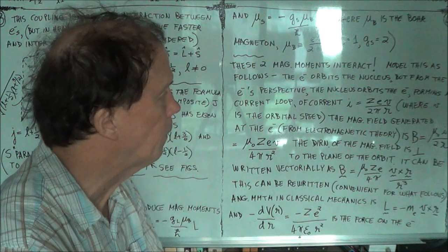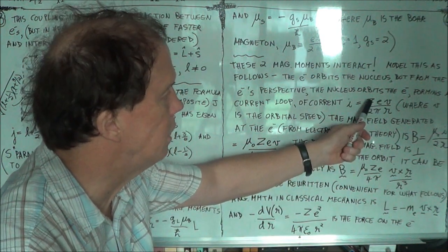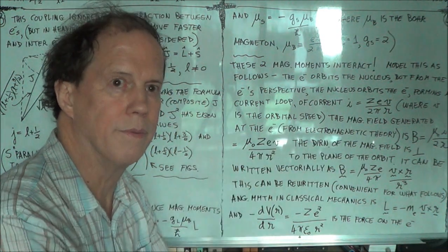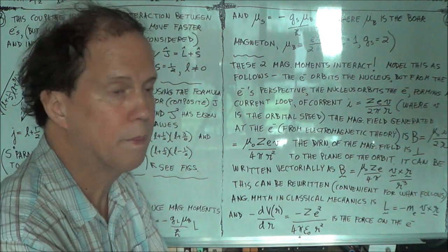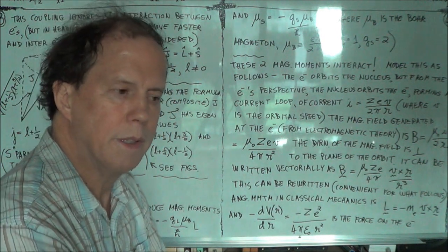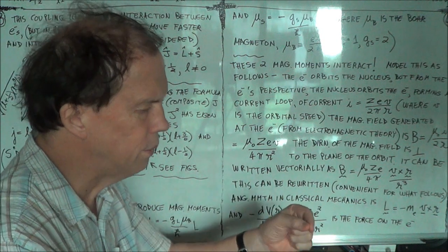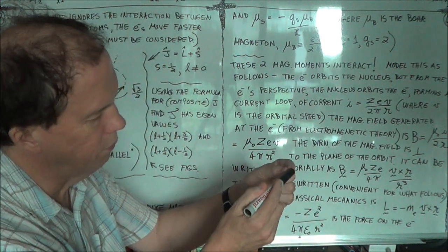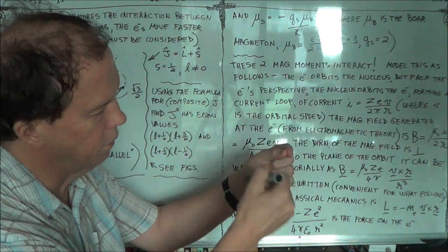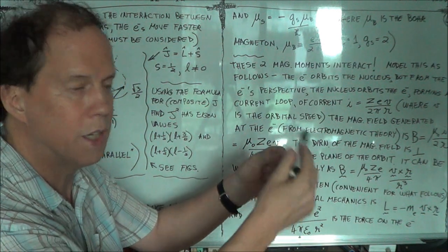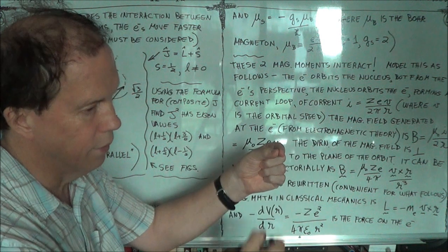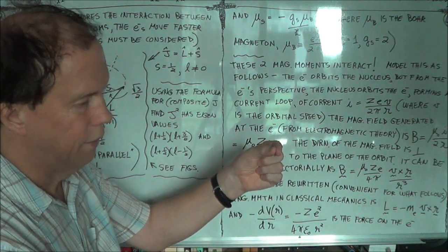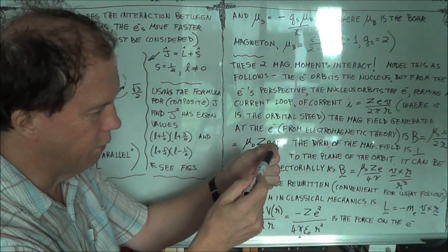So Z will be a positive integer. So from the point of view of that electron, where my finger is, you've got this Ze charged nucleus whizzing around.